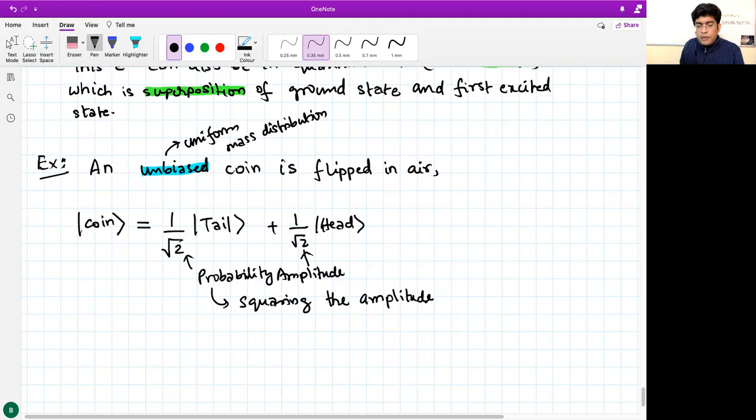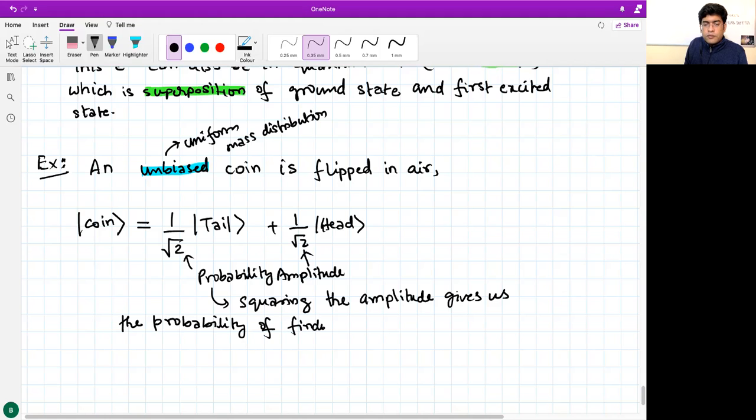So squaring the amplitude gives us the probability of finding a given state. We'll come to this later on and discuss it more.